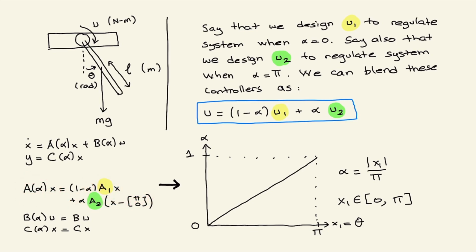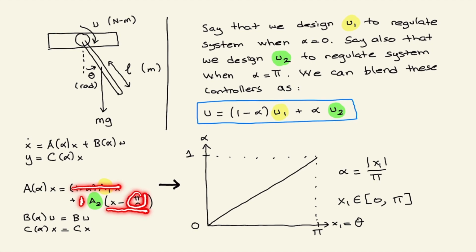Now, when you are operating this pendulum system around 180 degrees or pi, then alpha is around here. In this case, alpha is 1, this term drops, this is 1, now this is x minus pi and 0, this is the equilibrium.